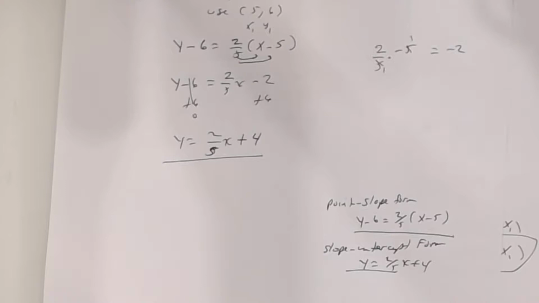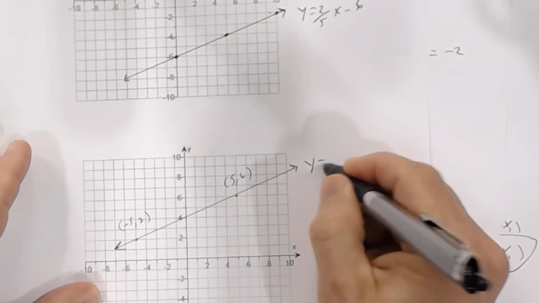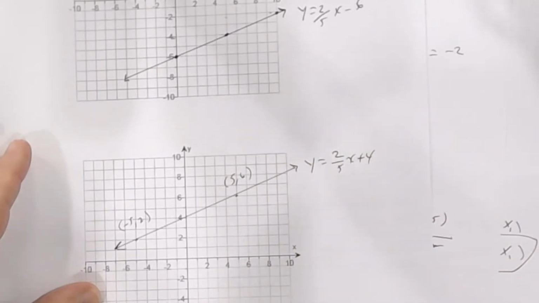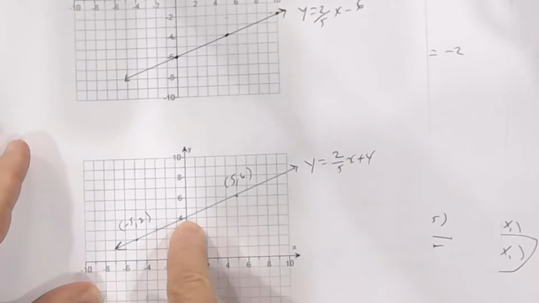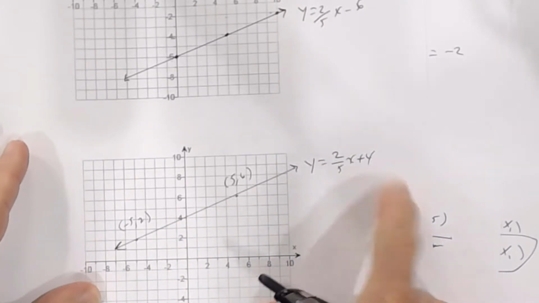So this right here, guys, I'm going to cover this up for a moment. This line has what equation? Y equals 2/5 x plus 4. And it kind of makes sense because, look, where does the graph cross the y-axis? At 4, and that's your y-intercept.